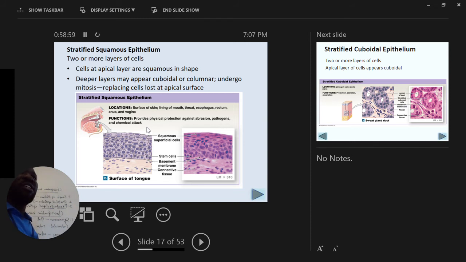It means that the cells at the apical surface, the cells at the top closer to the lumen, are made up of squamous cells. So the cells here are what determine the name, not the cells here. Does that make sense? The cells at the top are what determine the name, not the cells at the base. Make sense? Yeah.